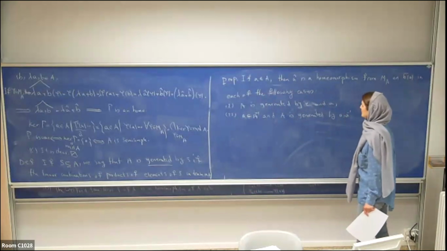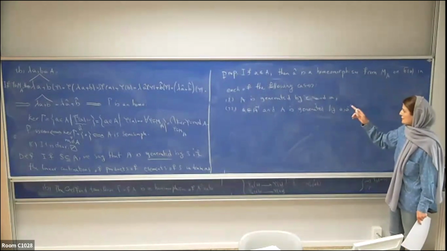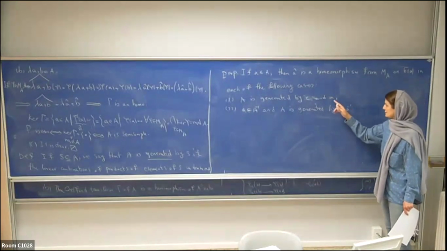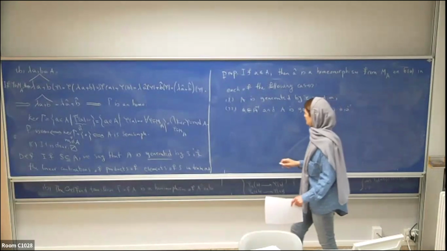It means that each character is determined by its action on e and a, and here a and a inverse.